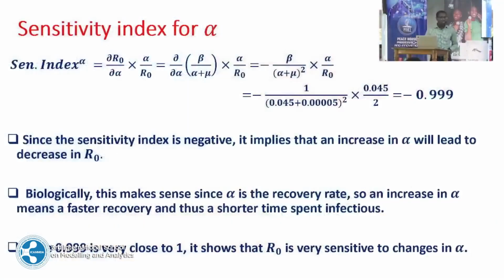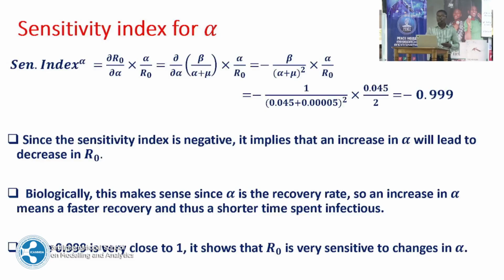So it shows that an increase in recovery rate alpha means faster recovery. When people recover very fast, they spend a shorter time being infectious, and then they cannot spread the disease just anyhow.